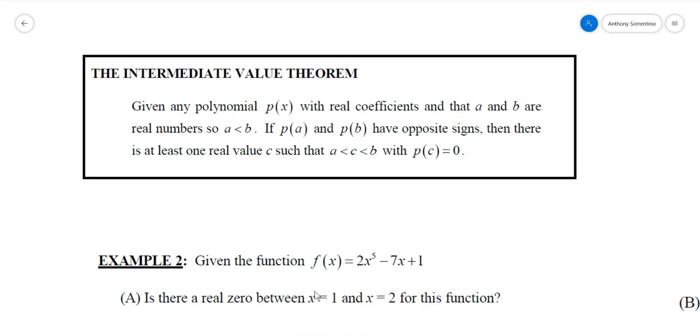If p of a and p of b have opposite signs, then there is at least one real value c that's between the two, and the polynomial is 0 at that value.